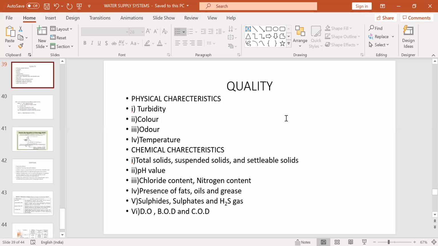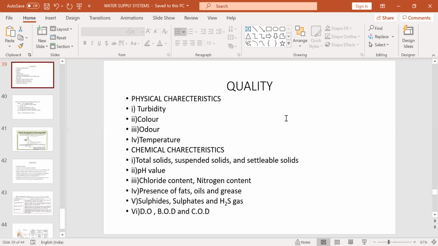However, if the color is black or dark brown, a darker version, then it indicates that the sewage is already stale. 3 to 4 hours have elapsed, it's not fresh anymore. During those 3 to 4 hours, the dissolved oxygen has been consumed, thereby leading to the deterioration of DO.